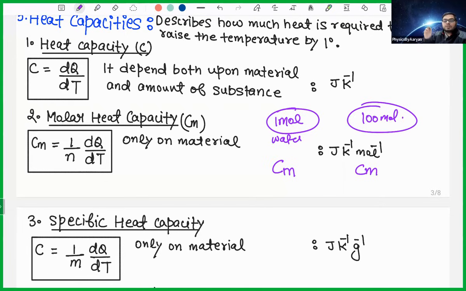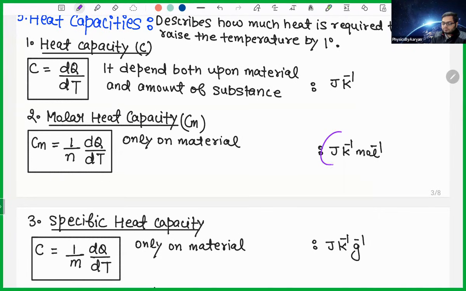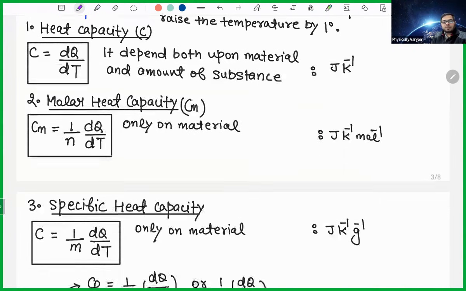That is why molar specific heat is a property of the material. It is not a property of the amount of substance. How much substance you are taking does not matter. It depends on what the material is. If you are taking water, either 1 mole or 100 moles, molar specific heat remains the same. So the unit of this is joules per Kelvin per mole.